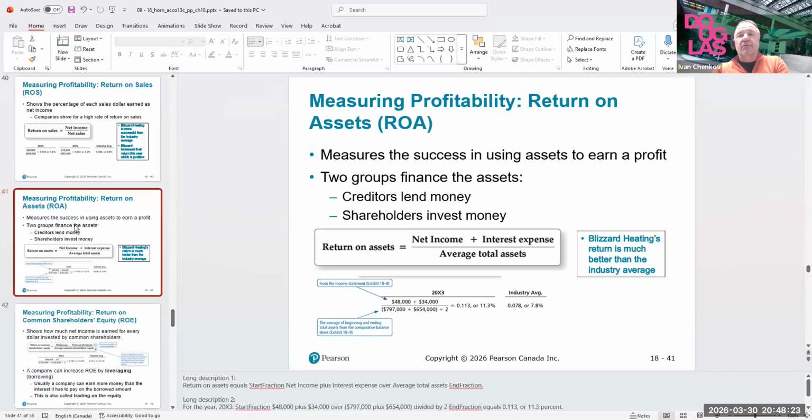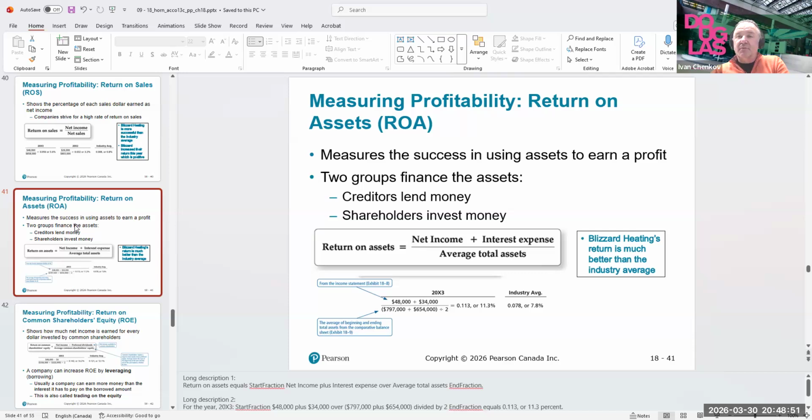Return on assets gives you the ability to understand, from the assets that you have, how much net income plus interest expense you're generating. So in this formula, you actually add the interest expense, because you need that interest expense to cover the money that you're paying to the lenders.